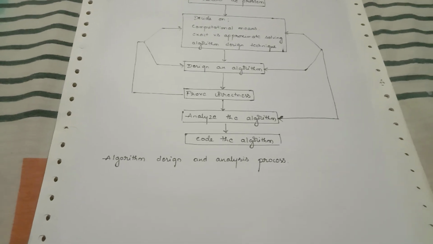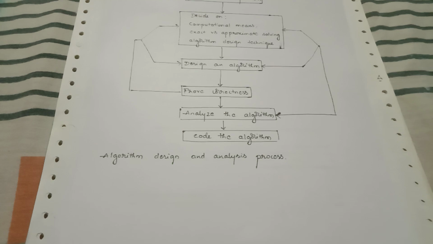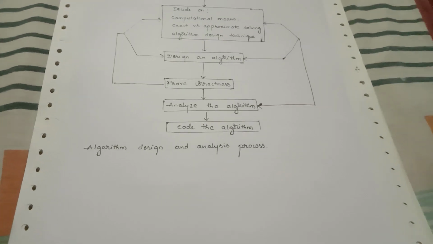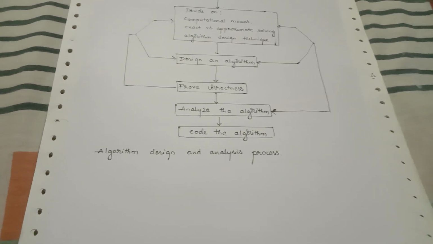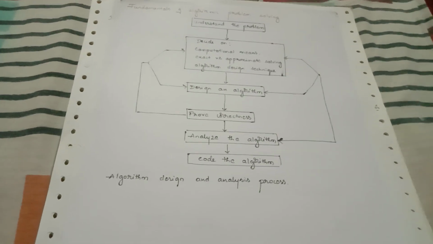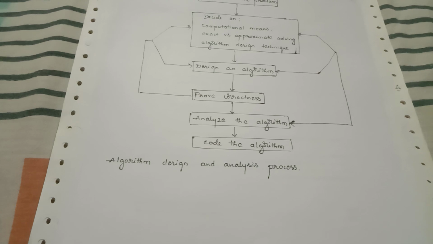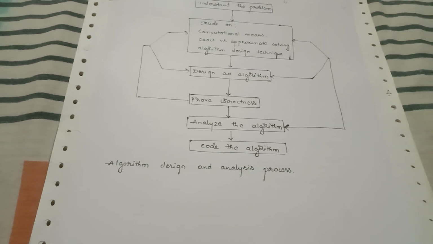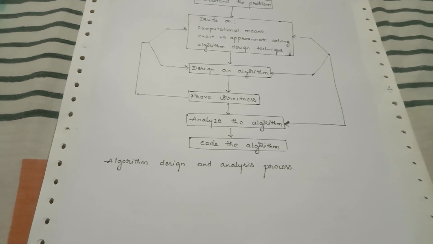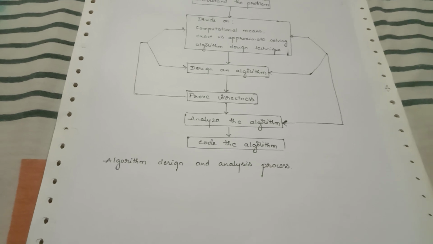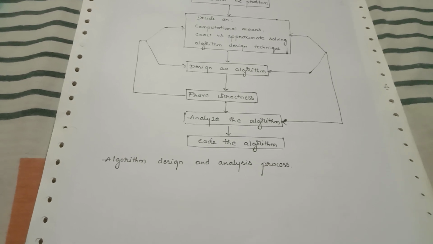Then after this we will study methods of specifying an algorithm. This step is not listed here, but we need to study how we are going to represent an algorithm. We can represent the algorithm using natural language.